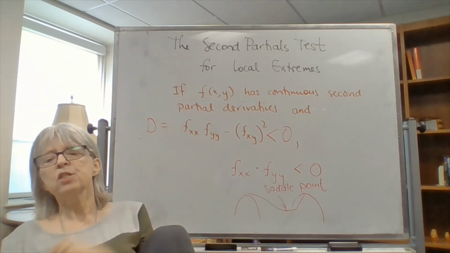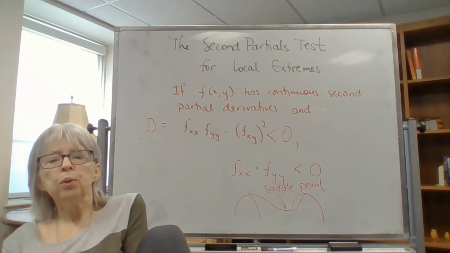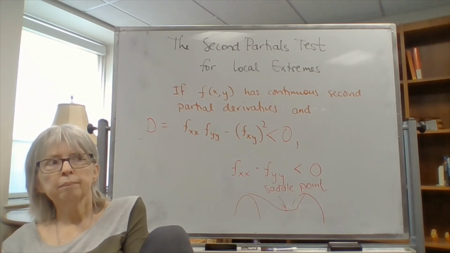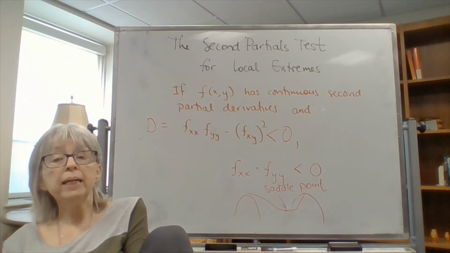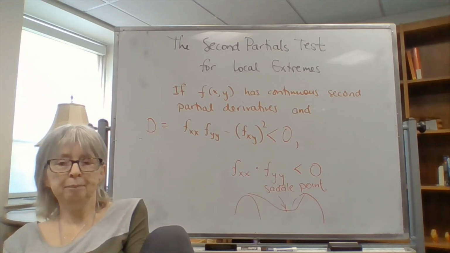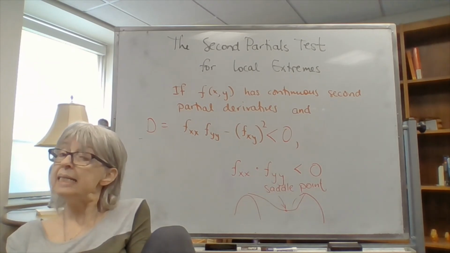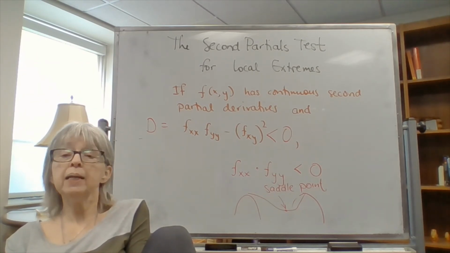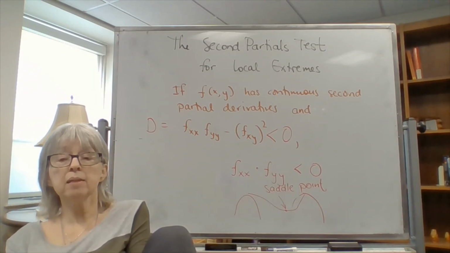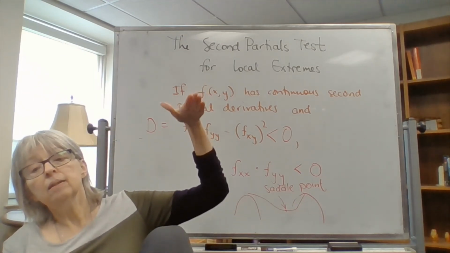And then you create this discriminant. Plug your critical points into the discriminant. If the discriminant is positive, then see if that critical point makes one of your second partials positive. If it does, local minimum.